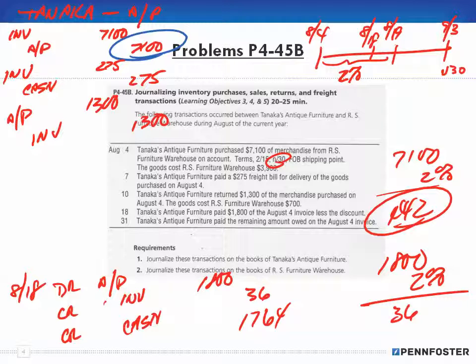So with that entry, my accounts payable is 1,800, and I'm going to credit inventory for 36, and cash for 1,764.